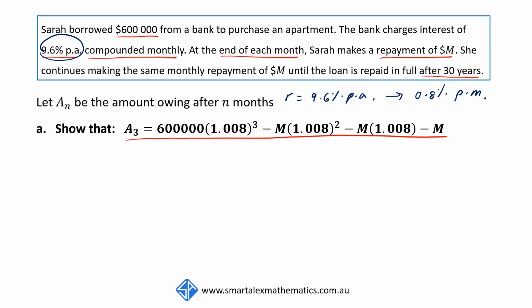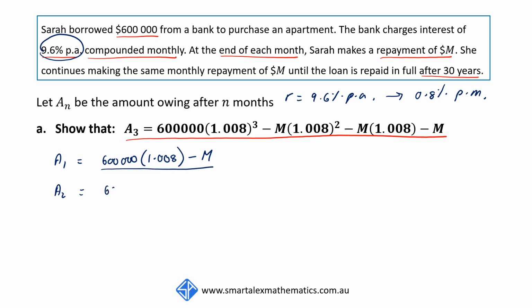A1 is the amount owing after 1 month. Well, for A1, your loan starts with $600,000, and after the first month, the bank is going to charge you 0.8% interest. So the amount owing will become 600,000 times 1.008, but then you make a repayment of M dollars. So we subtract M from this expression. To calculate A2, the amount owing now is A1.